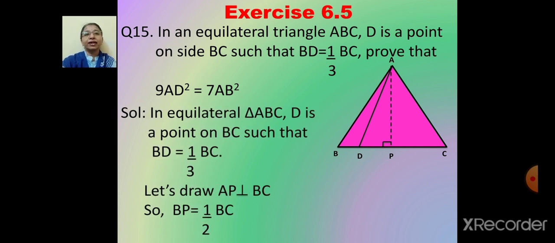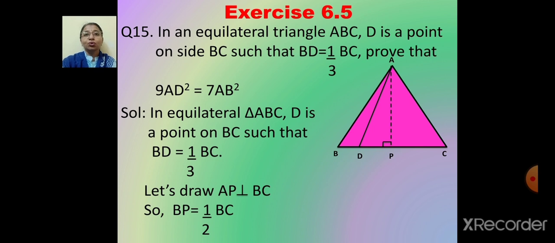In equilateral triangle ABC, D is a point on side BC such that BD is equal to 1/3 BC. This is already given, and the construction is, let us draw AP perpendicular to side BC.